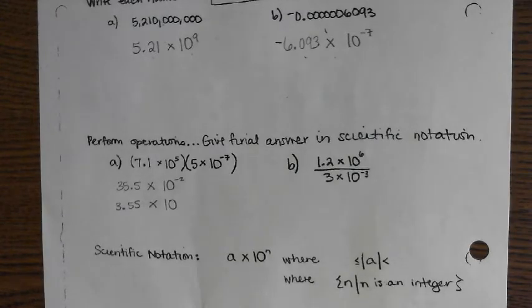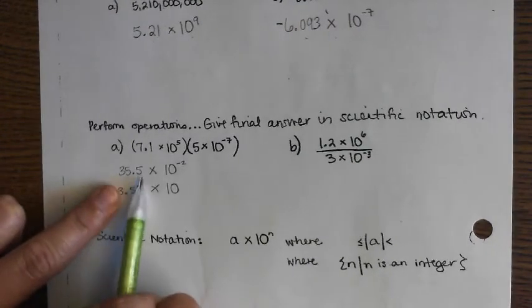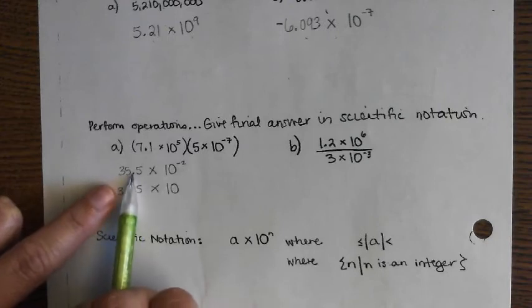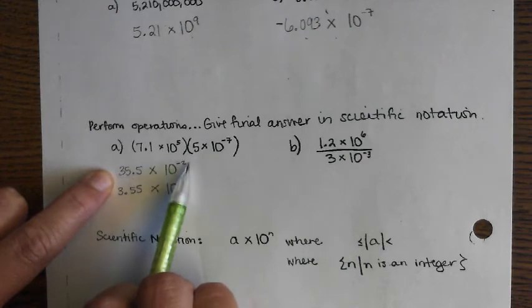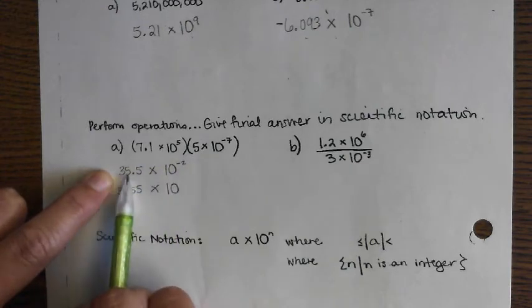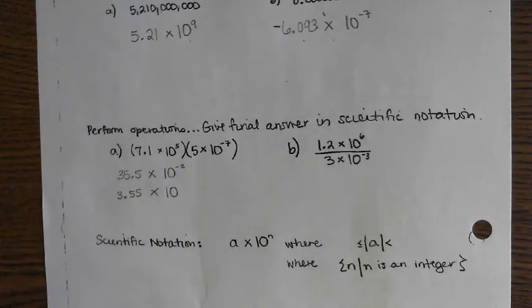Okay? So if you go based on, should I move it left or right? I don't like to wrap my head around it that way. I just think about it conceptually, and you guys can share with me if you have another strategy. But I'm thinking, okay, in standard form, I would need to move this 2 units to the left according to that negative exponent. So it should be 0.355 when it's in standard form as opposed to scientific form.